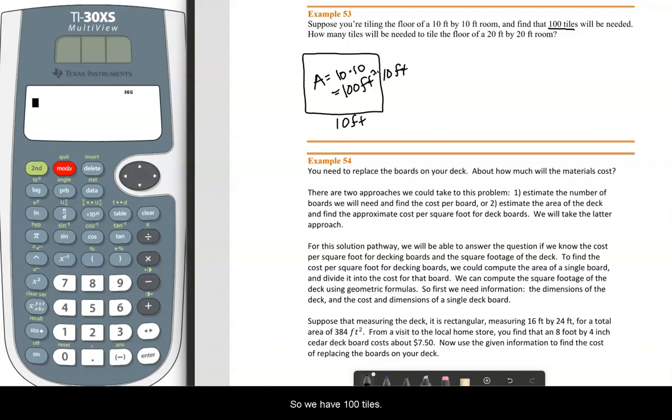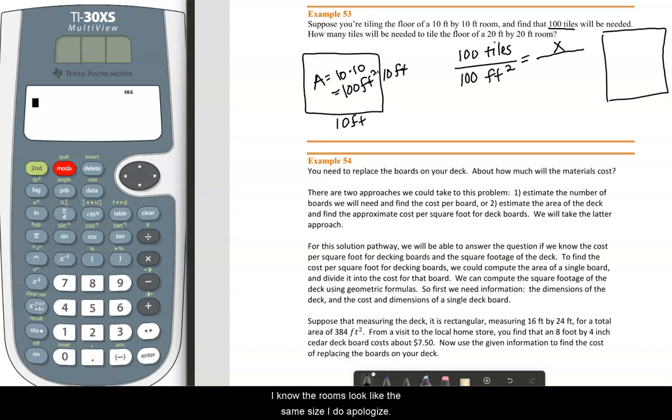So we have 100 tiles per 100 square feet. And we want to know how many tiles per how many square feet. Well, the 20 by 20 room, I know the rooms look like the same size. I do apologize. 20 times 20. They're both 20 feet.